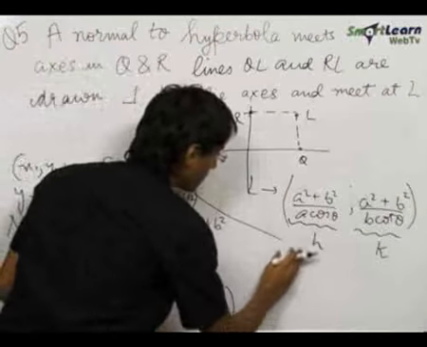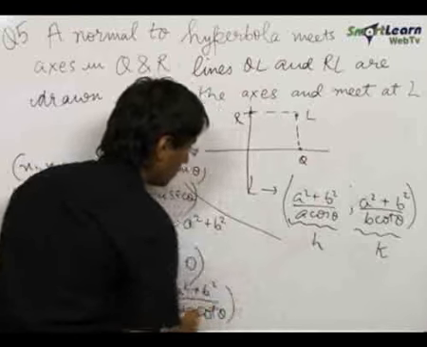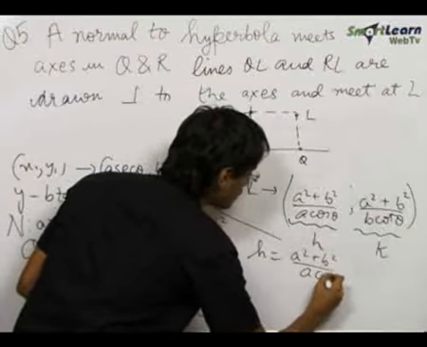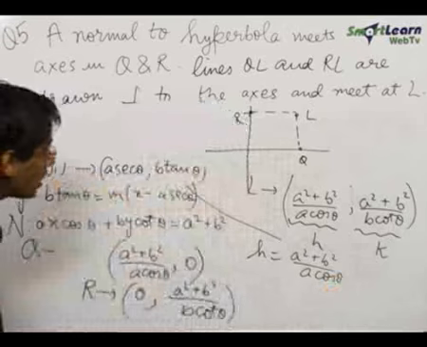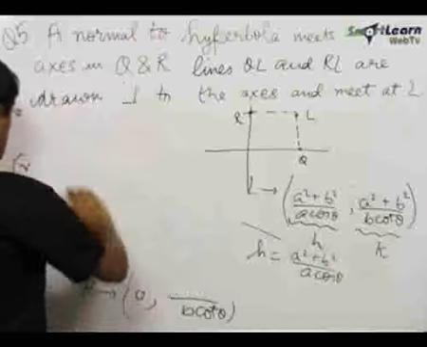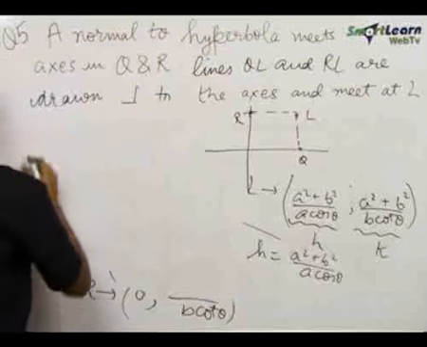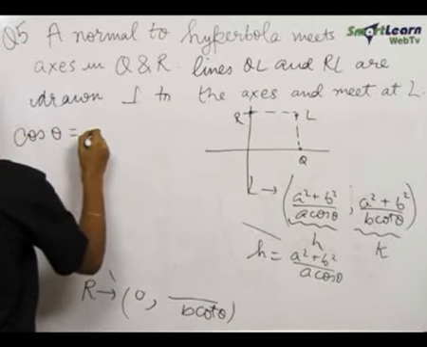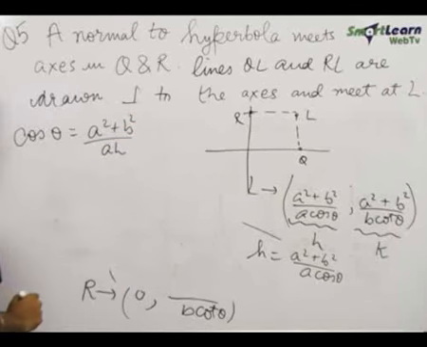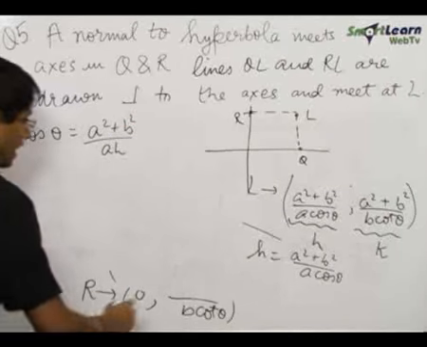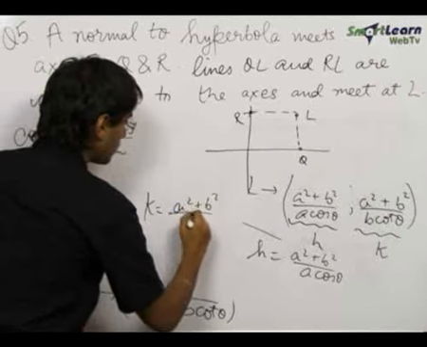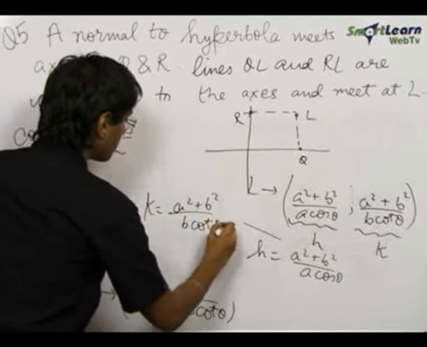So H is equal to a square plus b square upon a cos theta. Hence the value of cos theta becomes a square plus b square upon ah. The value of K is a square plus b square upon b cot theta.